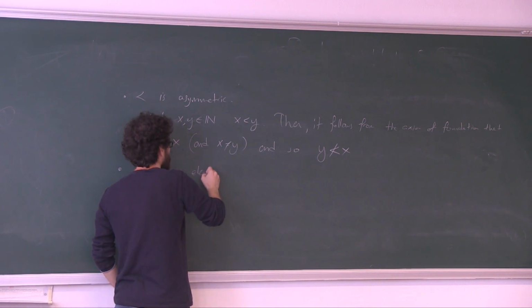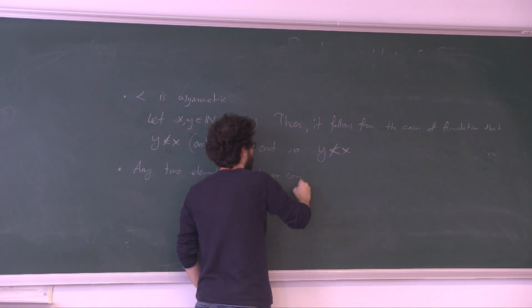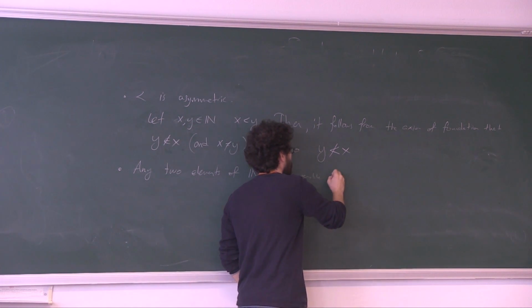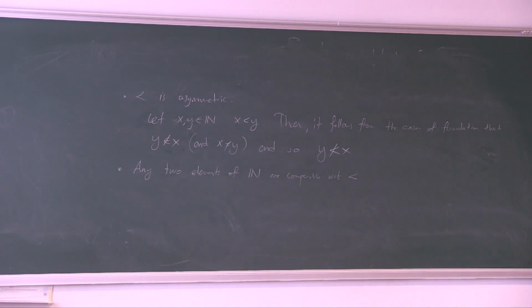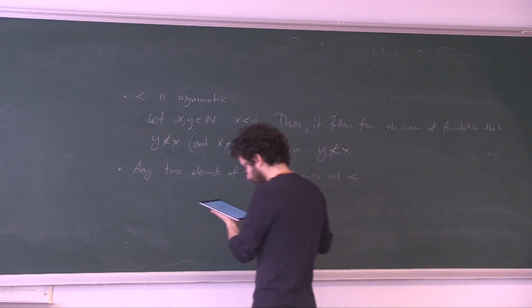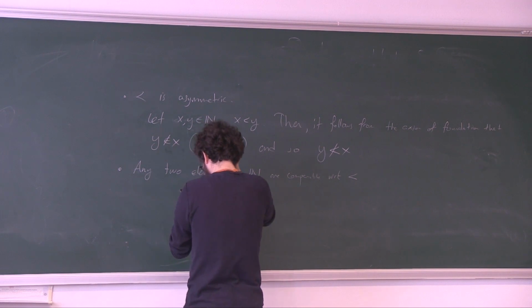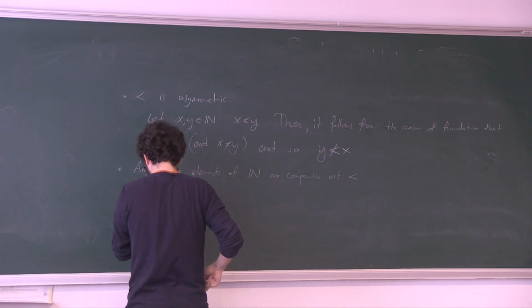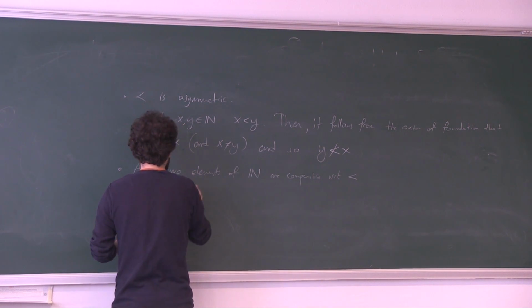Let's prove that any two elements of N are comparable with respect to this relation. Okay. Now I have to do induction again, okay? We're going to do a similar thing.